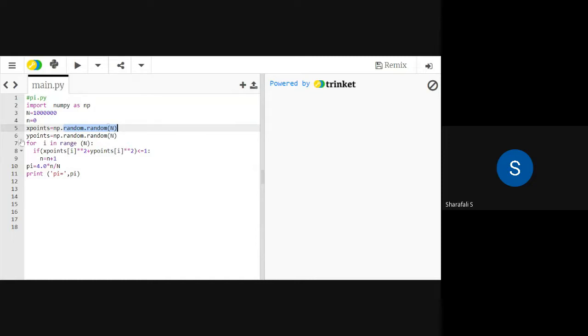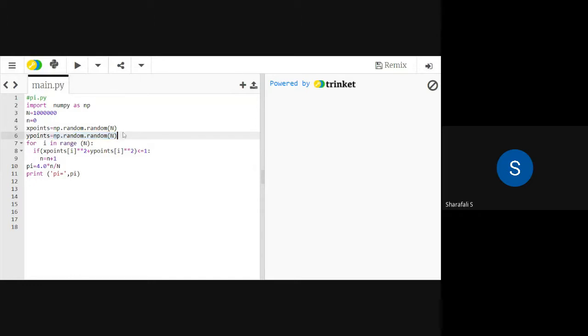So this x points will take a number of such randomly generated values, or we can call them random numbers, within limits 0 and 1. This instruction is for that purpose. Here also we have a number of different random numbers generated within limits 0 and 1 using this random function.